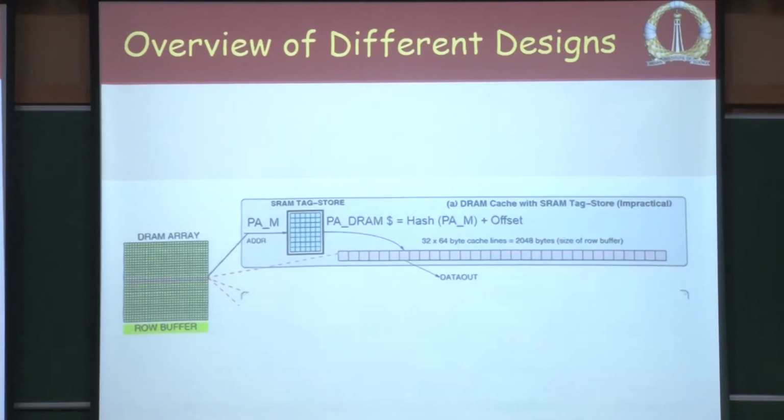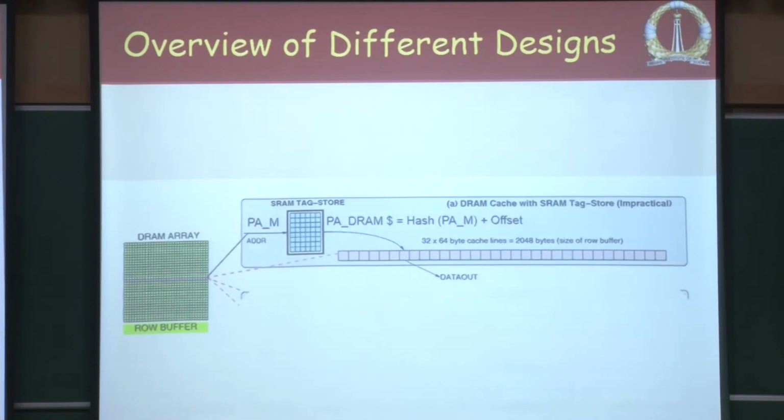Now, if you are going to do this in a DRAM cache, the first thing is to do a tag check. First of all, fetch the tag and then do the tag check. For simplicity, let us assume that the metadata is stored in some kind of an SRAM. This is what I have not talked about. If it is stored in some kind of an SRAM, then of course, I can use this physical address, take a hash of that, identify the corresponding set, and get the tags for all of those sets, and then do a tag match.